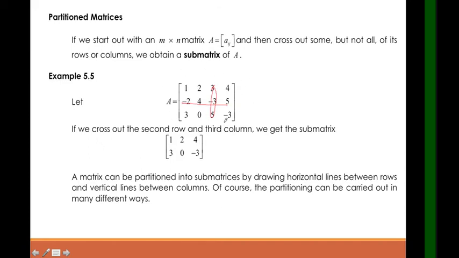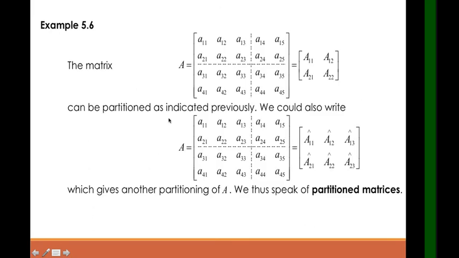You can just cancel some lines here, horizontal and vertical lines, to have the submatrices or the partition of this mother matrix.